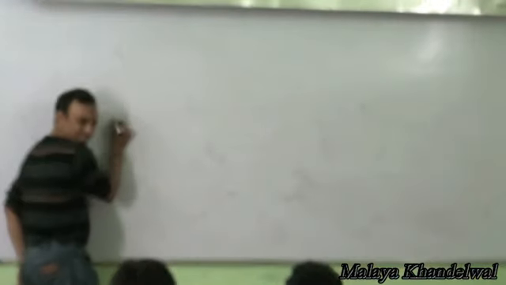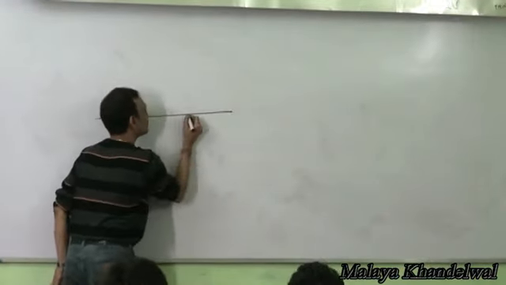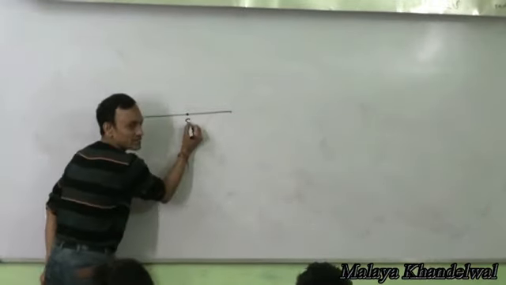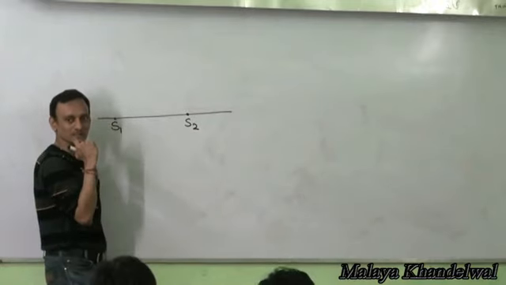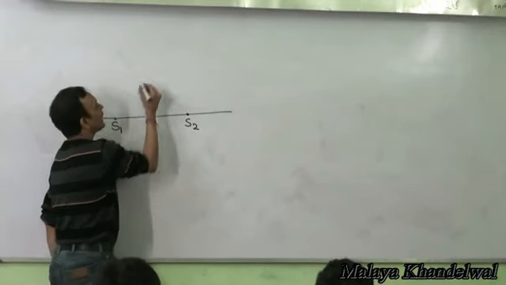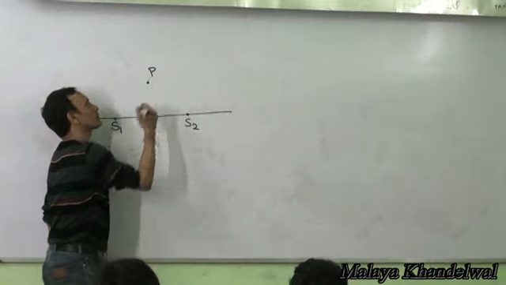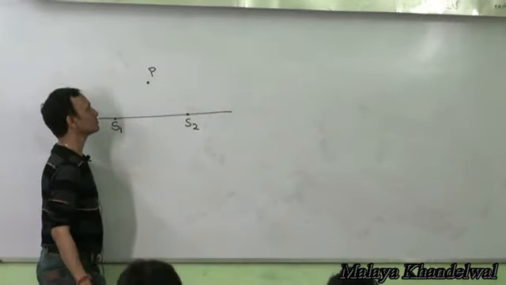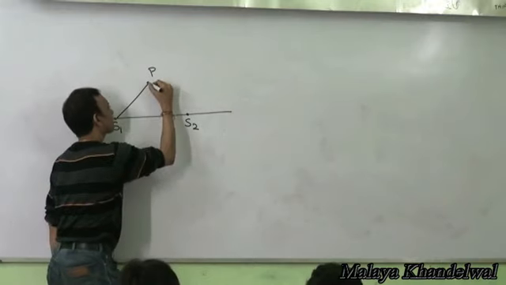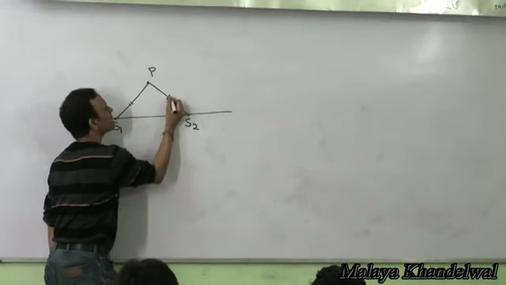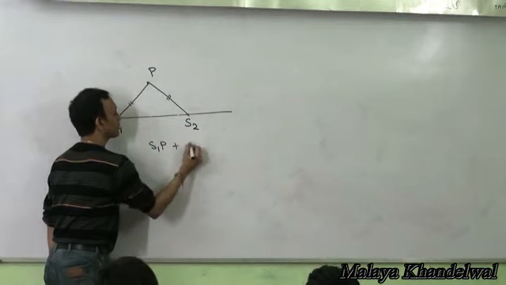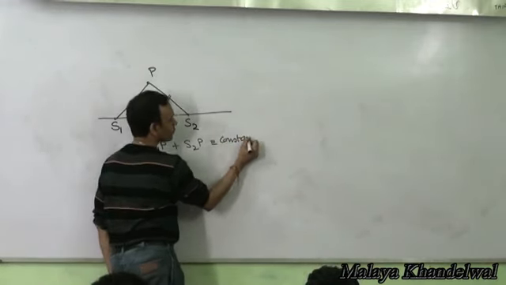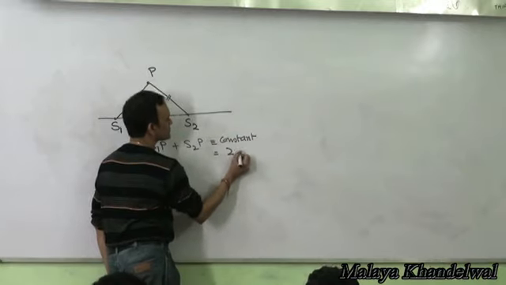Essentially, I'll just give you a brief idea of what an ellipse is. If there are two fixed points S1 and S2, and a point P moves in a plane along with S1 and S2, such that S1P plus S2P is a constant, that constant is often referred to as 2a.